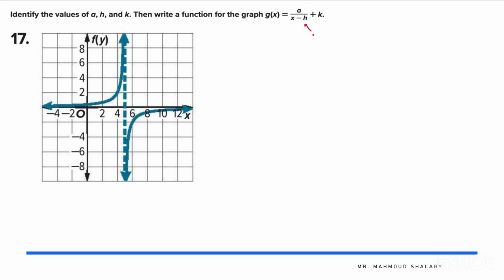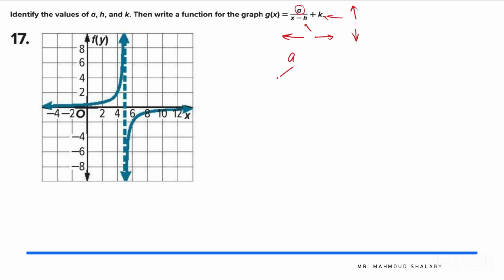Remember, the h value, as long as it's connected to x, is in charge of moving to the right or to the left, which we call the phase shift, and it's a minus because we always change the sign of the value of h. The k here is in charge of moving up and down, and we do not change the value. And a will be in charge of two things.